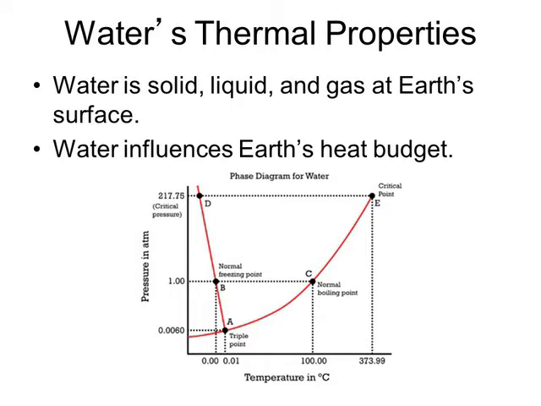And it influences Earth's heat budget. Because you have a lot of ice in the polar regions, it tends to be colder up in that area, and near the equator you tend to have a lot more heat because of the sun, so it causes more water vapor to exist in the atmosphere.